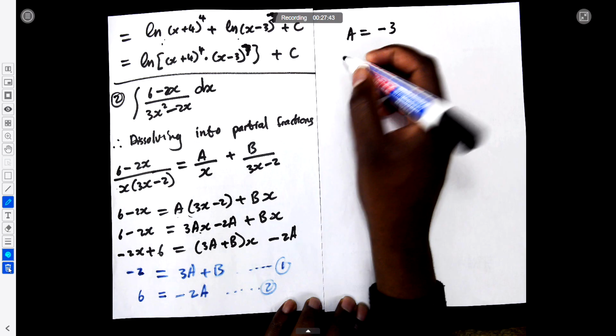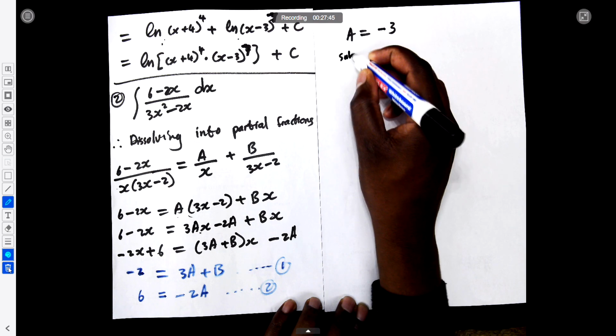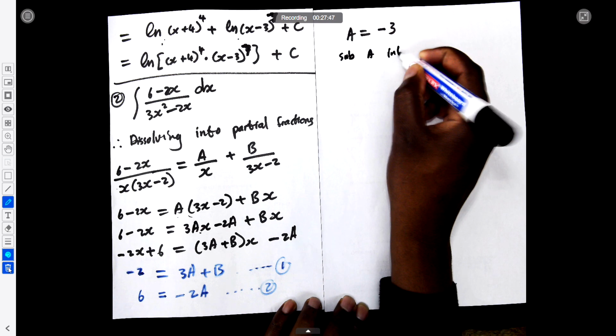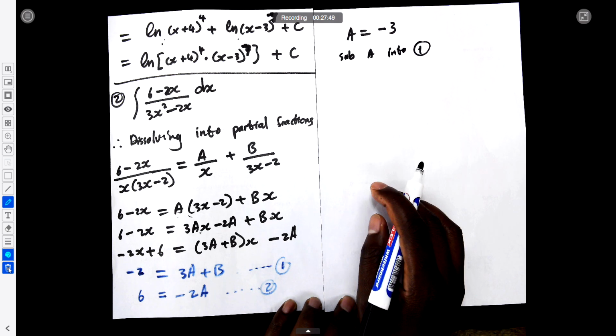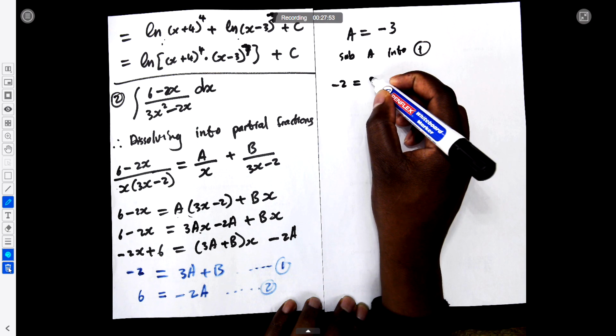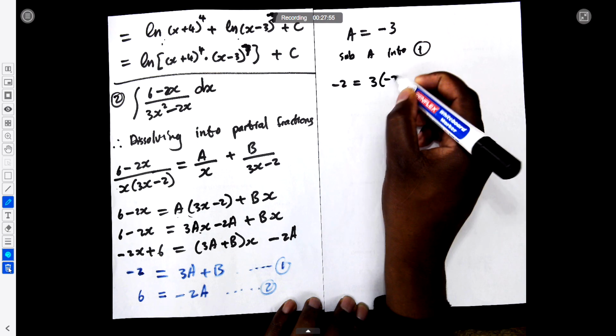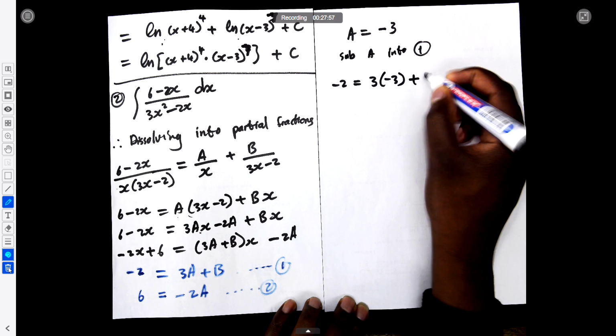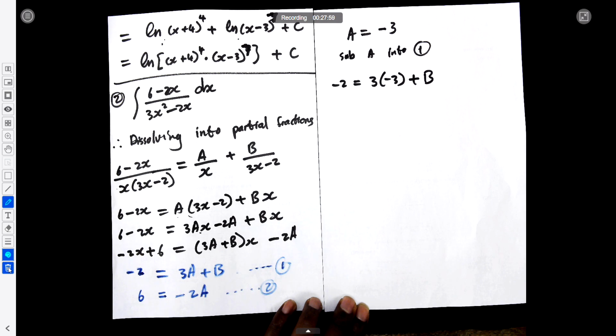And we can substitute a into equation 1. So when we substitute a into equation 1, it is minus 2 into a, which is minus 3, therefore plus b. So what is the answer for b?